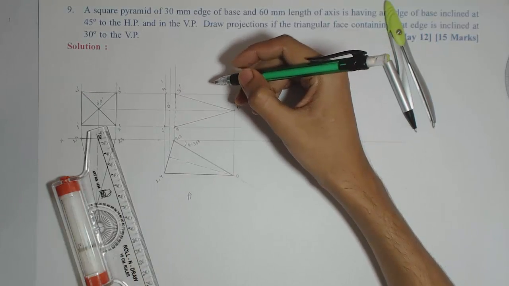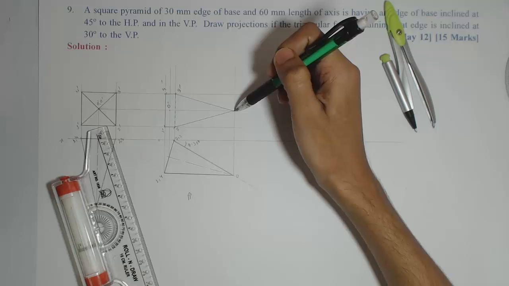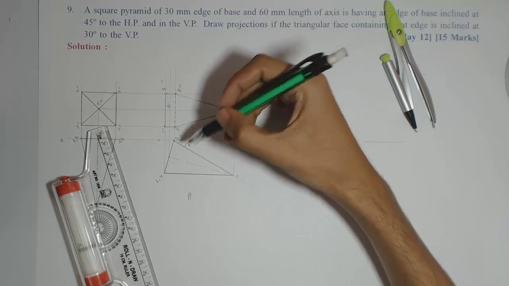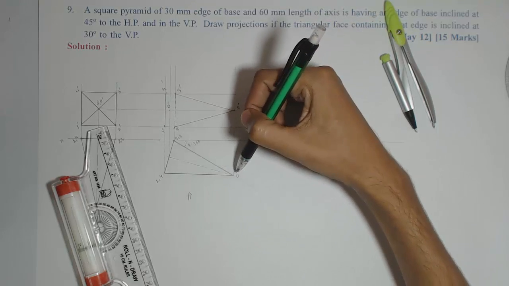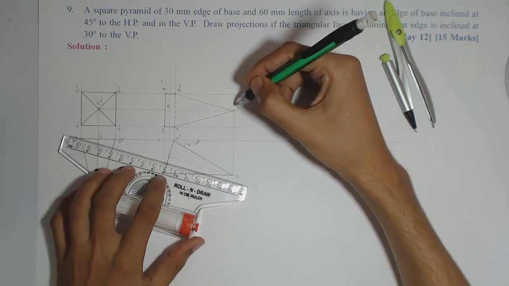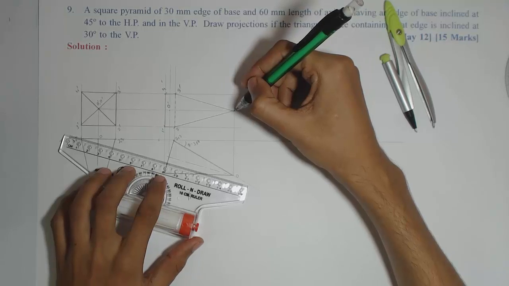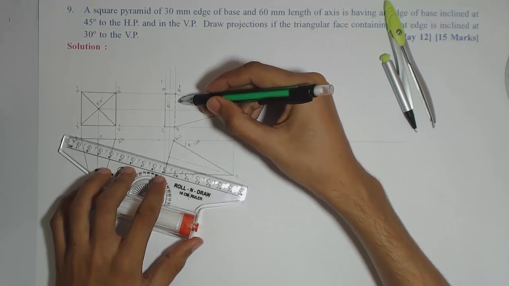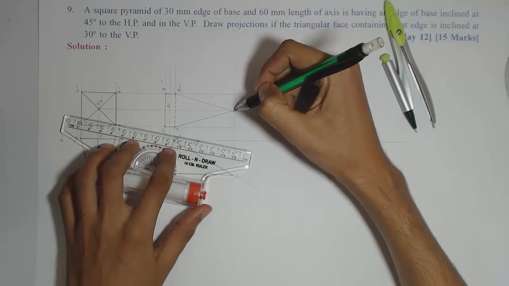Now we are left with two slant edges, which are O dash 1 dash and O dash 4 dash. Since they are nearer to the observer, they should be dark. Both slant edges should be dark, and again they can't be dotted because, as I told initially, no two dotted lines will cross or no two dark lines will cross each other.